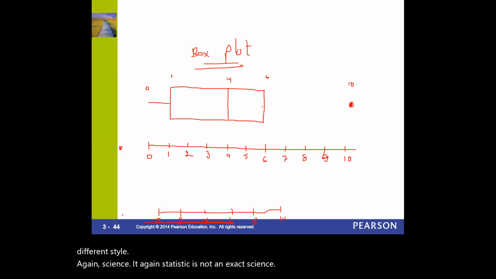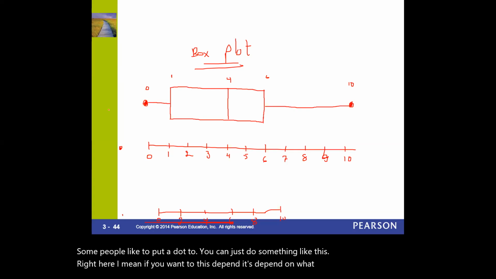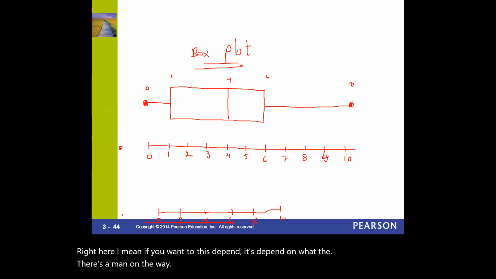Some people like to put a dot too. You can just do something like this and put the dot right here. It depends on the way it is drawn on your exam. So you have different choices.